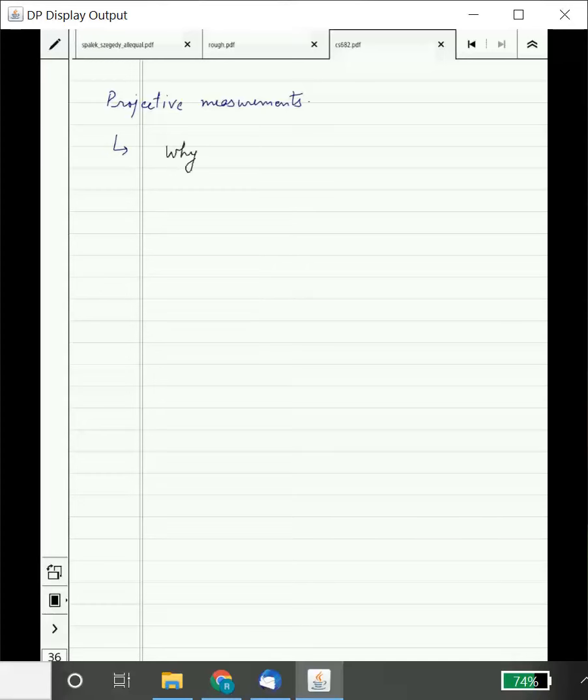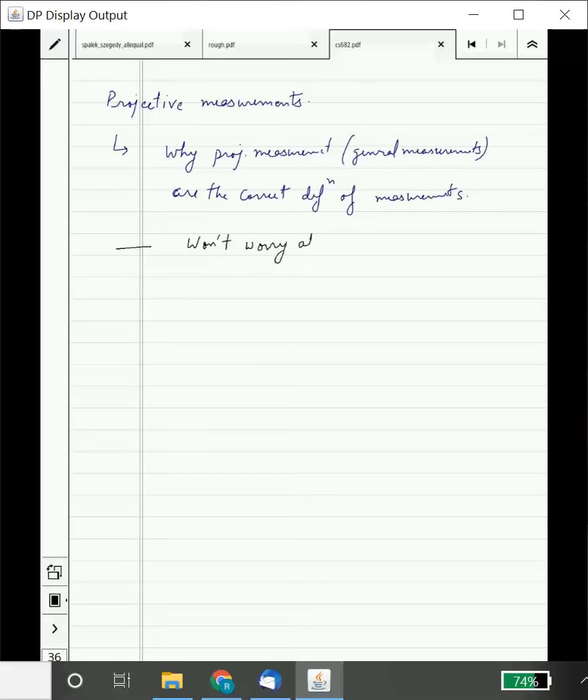Why projective measurements, or even the general measurements given by the third postulate, are the correct definition of measurements? We won't worry about this question. We will take postulates as written in stone. This question is better asked to a physicist. We will take this as our definition.